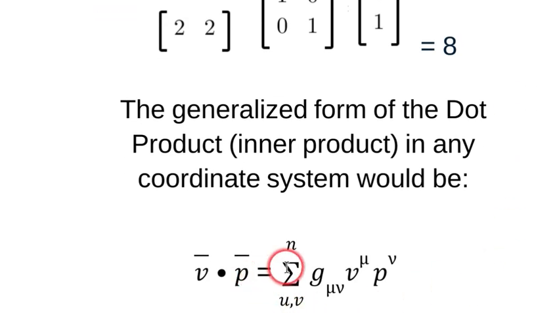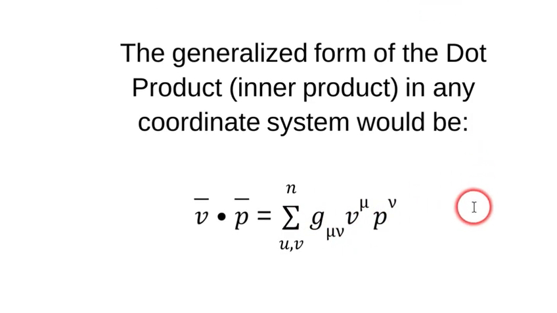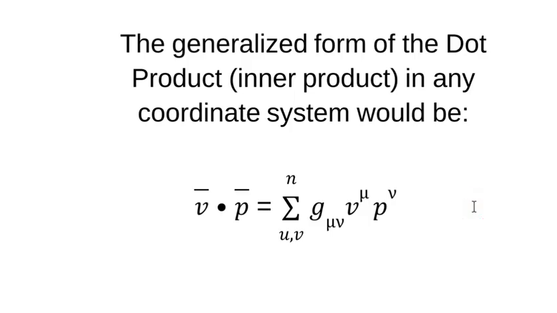It's given by the sum of the tensor over these two components, to however many dimensions you have, times the components themselves, right? So in our case, we just had 2, so there's just g11 v1 w1, g22 v2 w2, right? So it's that simple.